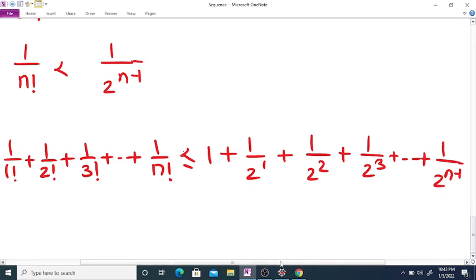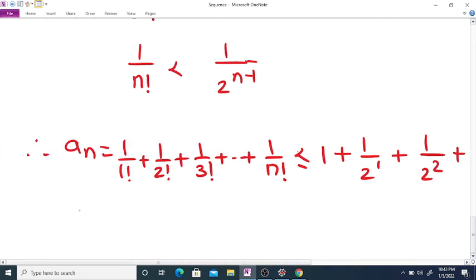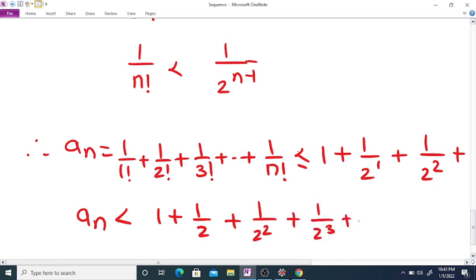Therefore an is less than 1 plus 1 by 2 plus 1 by 2 raised to 2 plus 1 by 2 raised to 3 plus ... plus 1 by 2 raised to n minus 1.